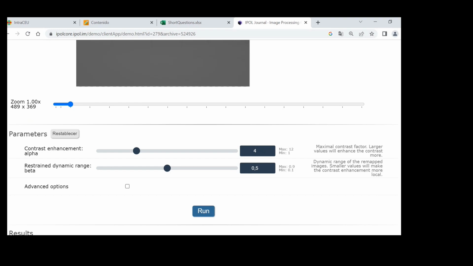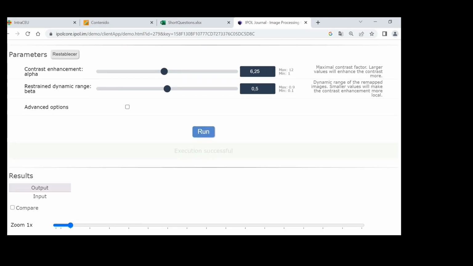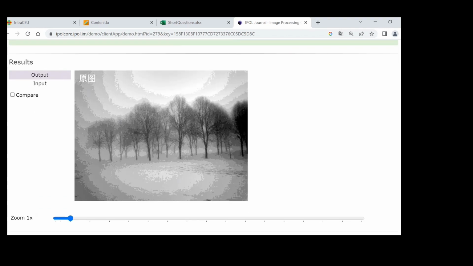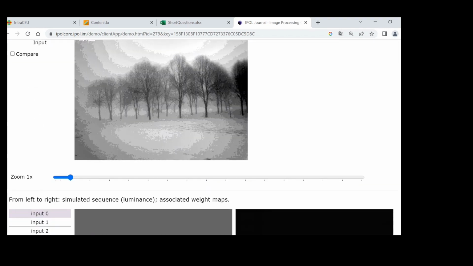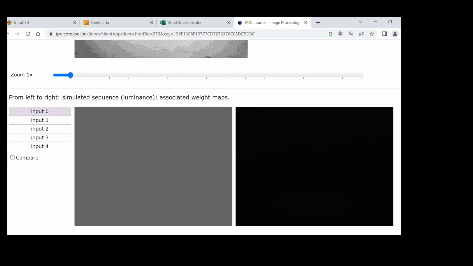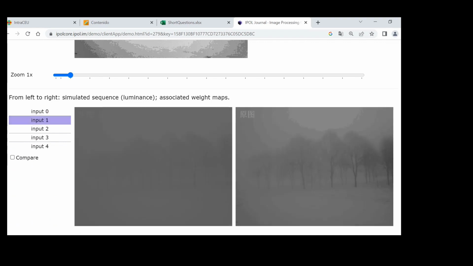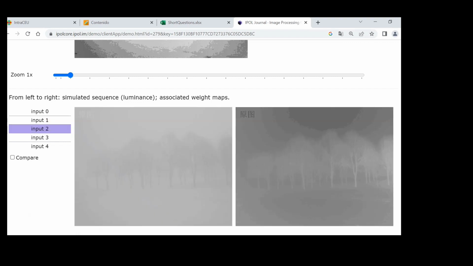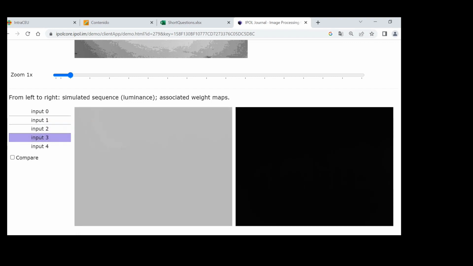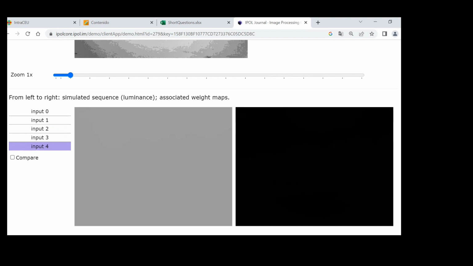Then you can see what happens if you change the alpha. So this is the input, and this is the output for k equals -1, k equals 0, k equals 1.